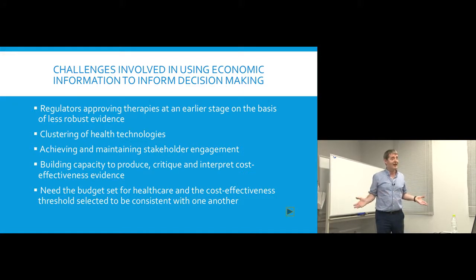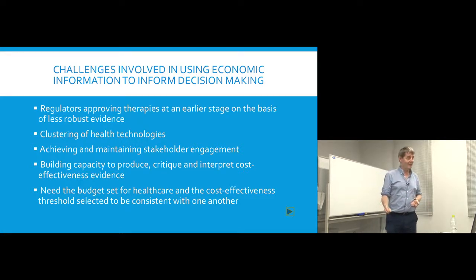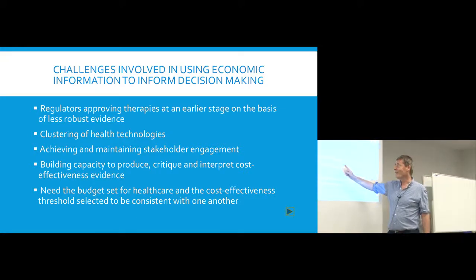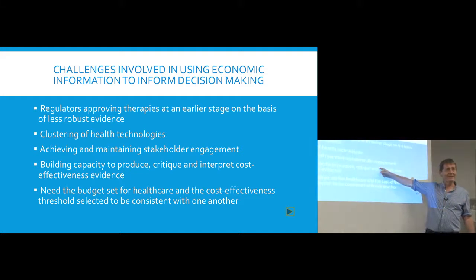If you're always going to say yes, don't bother looking at cost effectiveness. The information is no use to you. It's only useful if you're going to say no sometimes. If you're going to say no, you've immediately got a problem with stakeholders.